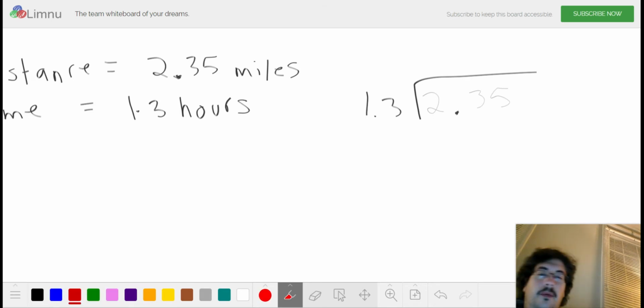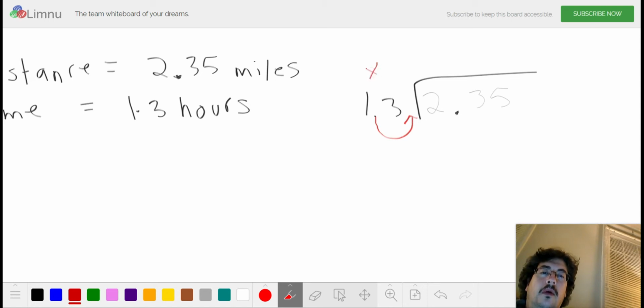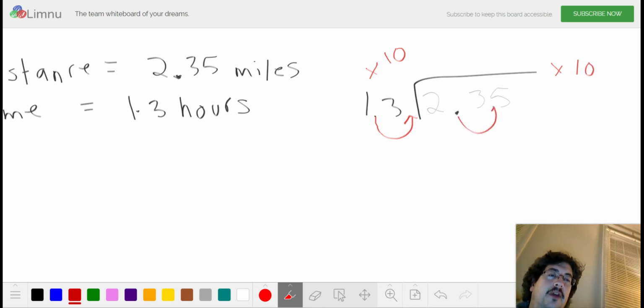Now, for those of you who remember, we can't have a decimal in our divisor, so we're actually going to multiply that divisor by 10. And that means we need to move our decimal one place to the right because 10 is 1 power of 10. And to keep things equal, we're going to multiply our dividend by 10 as well, moving the decimal in the dividend one place to the right.